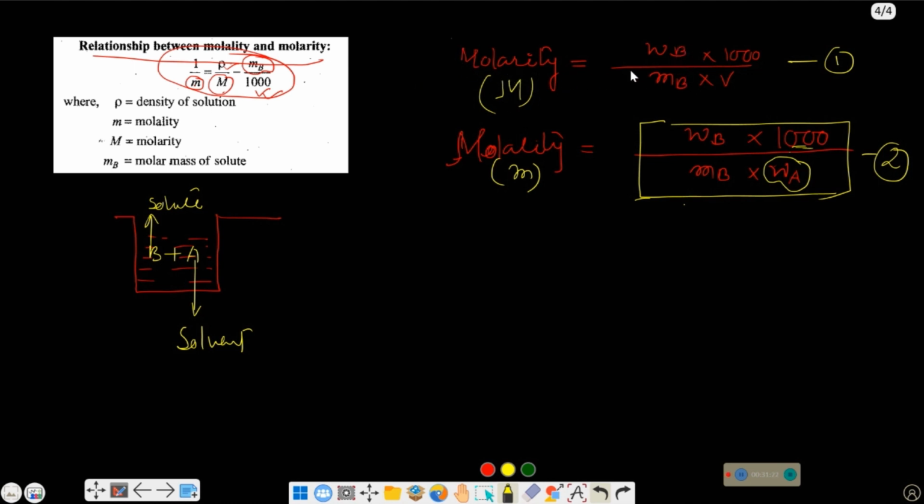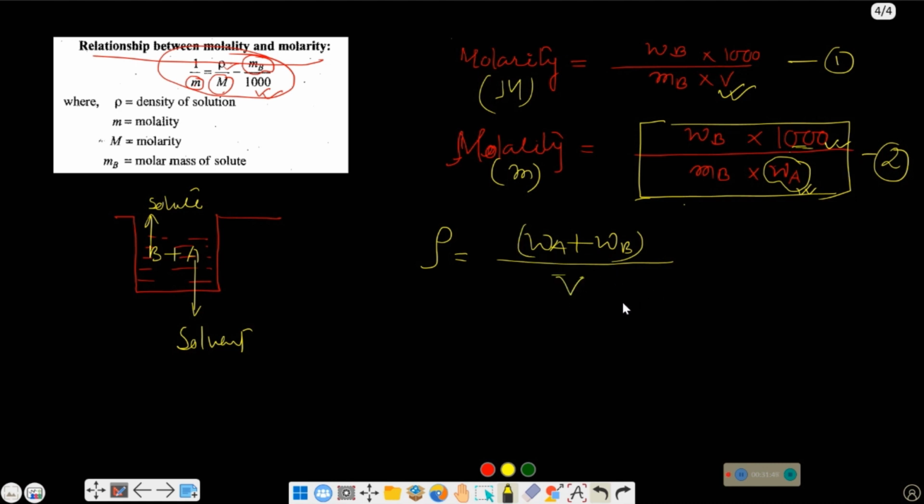Molarity is Wb by Mb into 1000 over V, as we have already done. Molality is Wb by Mb, over Wa, the weight of the solvent, into 1000, right? Now as per the definition, what will be rho? Rho will be equal to the mass of the solution divided by volume, so Wa plus Wb over V, gram per ml. Okay, V is in ml.